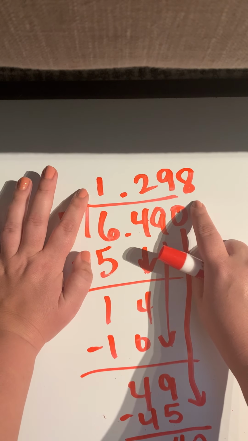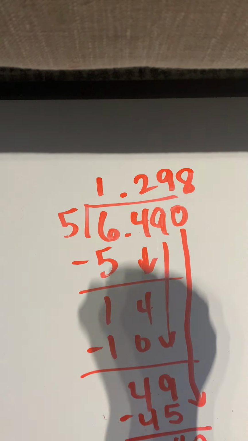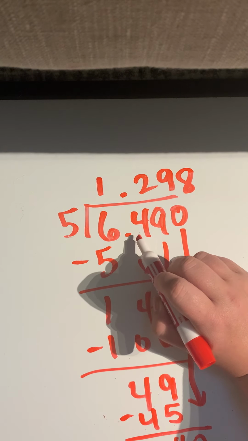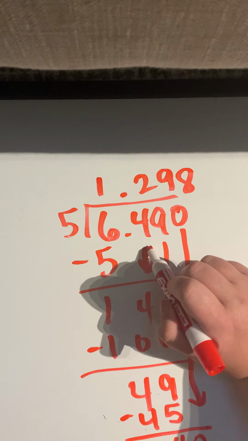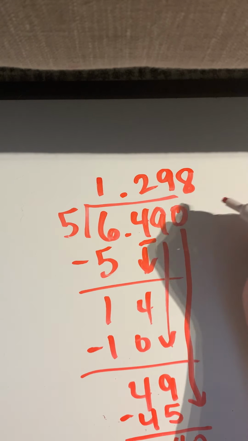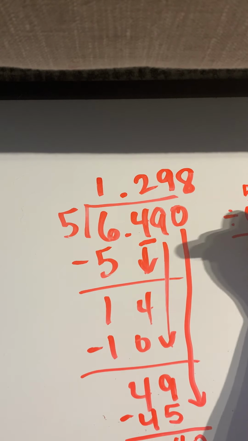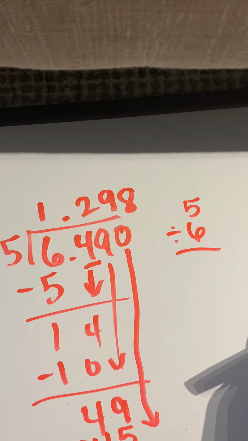And now it says we need to estimate in order to figure out if that is a good answer. So we already have our 5. So we're going to take a look at our 7. Oh, let's see, that wouldn't be 7. Okay, so I'm going to look at my tenths. I see that that's 4 less, so I'm going to let it rest. So really I've got 5 divided by 6, which isn't really an easy number to divide into.